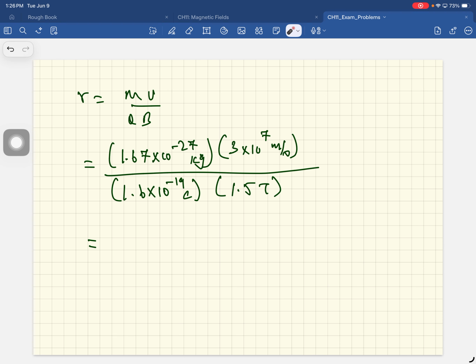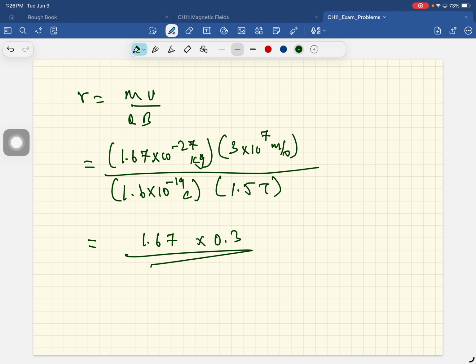So the radius of oxygen 16: the mass of oxygen 16, these are single atoms, they're not oxygen molecules, in kg.